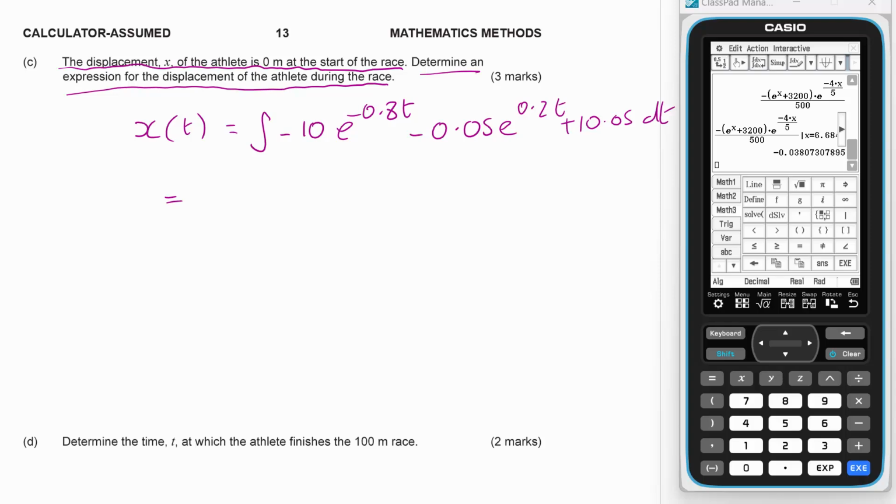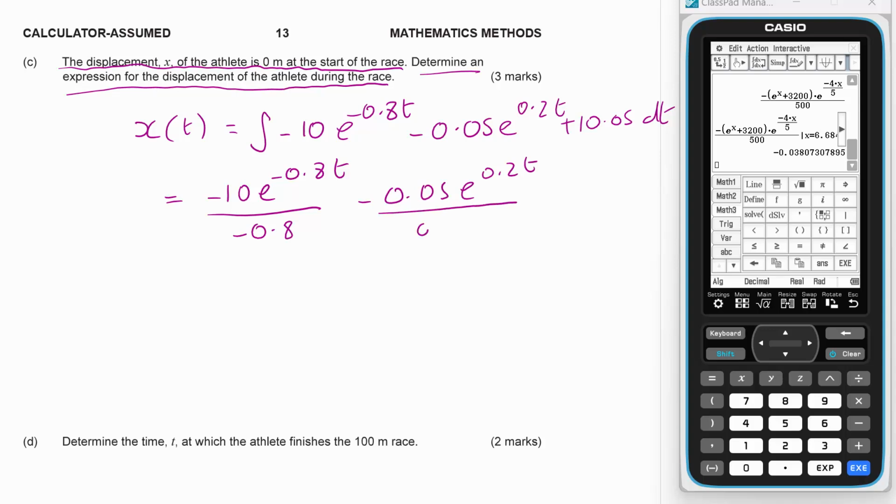Once again, we could do it on the ClassPad, but we don't need to. So we're going to get negative 10 e to the negative 0.8t. Remember, this time we need to divide by that negative 0.8. Take away 0.05 e to the 0.2t.